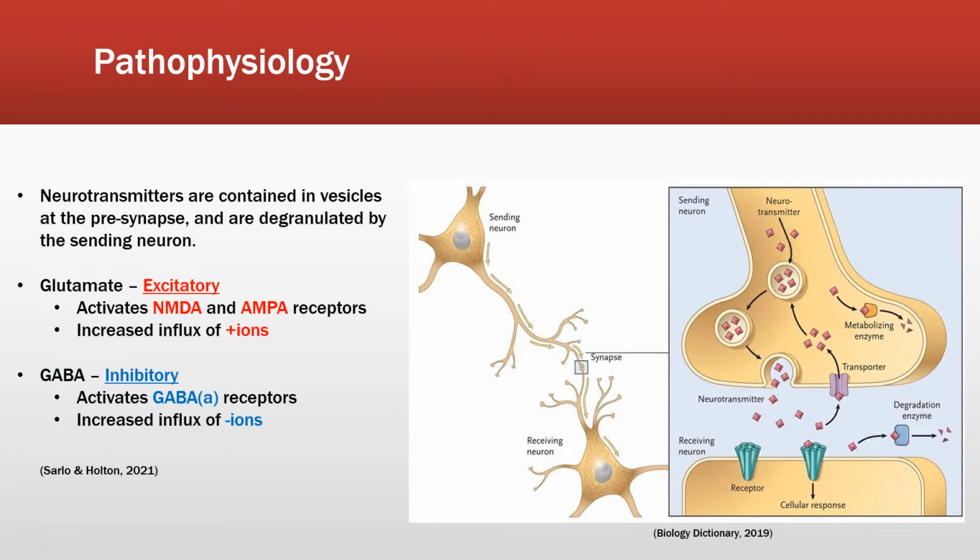To get an idea of what's happening inside the brain to cause a seizure, we need to dial it right into the neuron. When these are functioning normally, an action potential is sent down the axon to the dendrites, which synapse with the connecting neuron. These dendrites contain little vesicles which are filled with neurotransmitters such as glutamate, which is excitatory, and GABA, which is inhibitory.